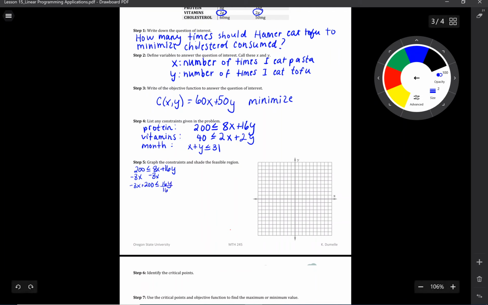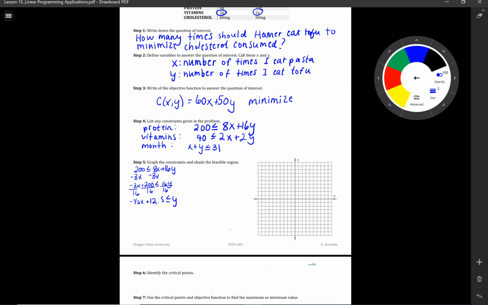And then if I divide by 16, I get negative 1/2 x plus 12.5, since 200 divided by 16 is 12.5, less than or equal to y.